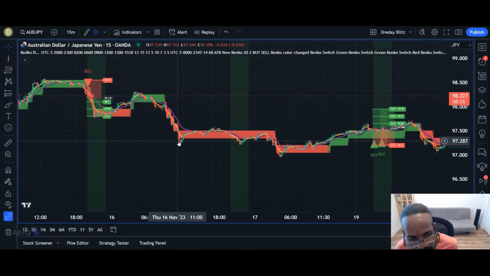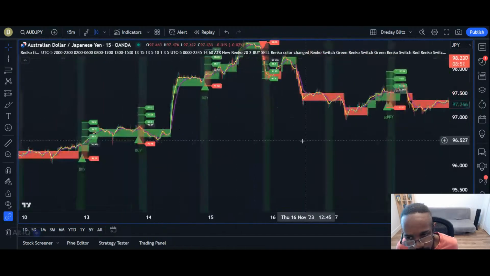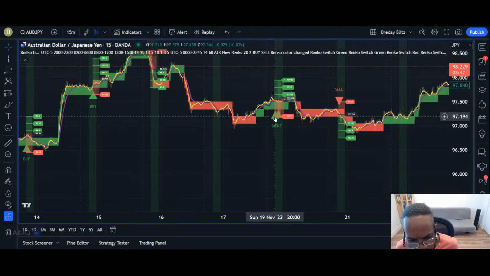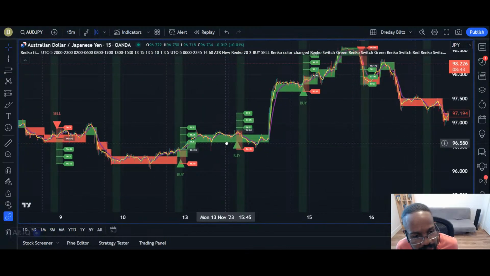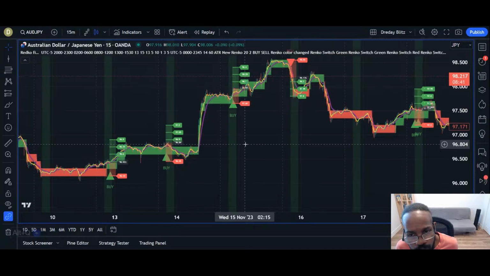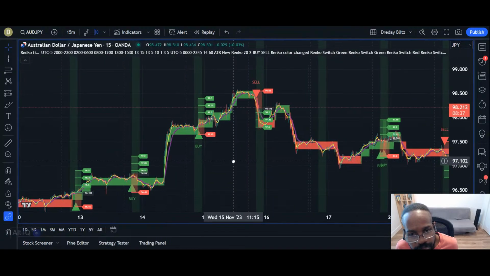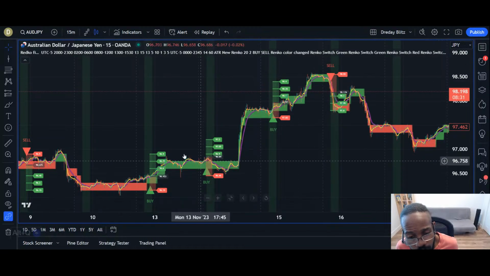So that's 1 week. In 1 week, from here to here, that's a week. That means that you would be in 1, 2, 3, 4 trades, all of them hitting off the signals.